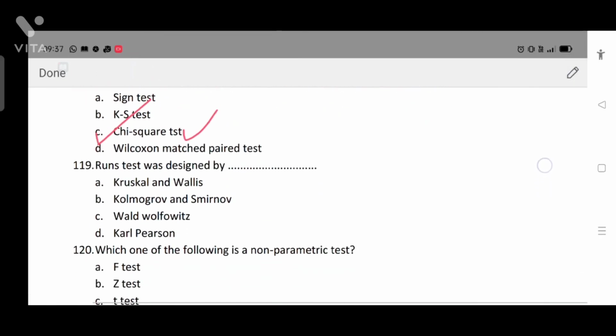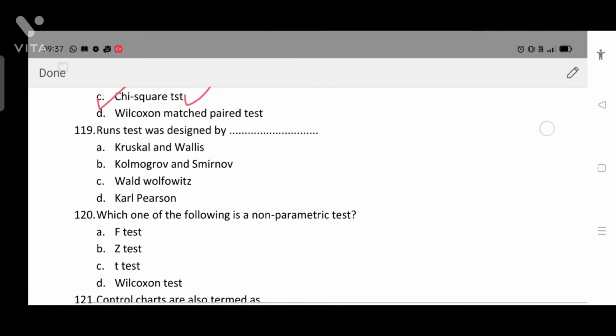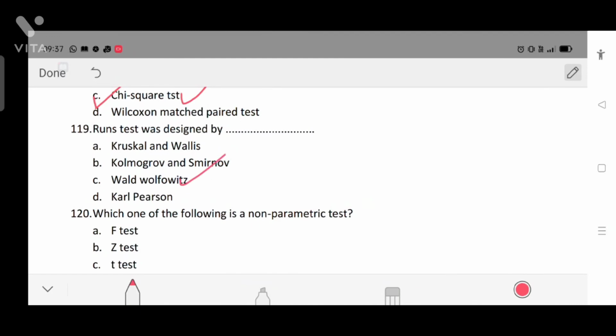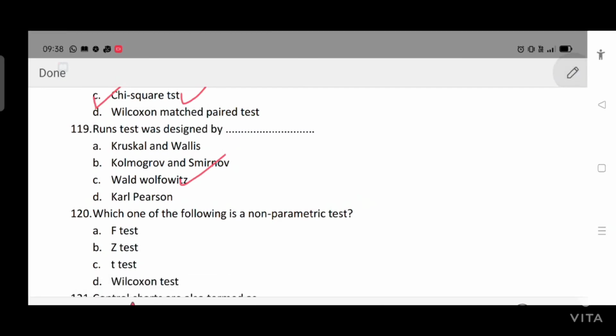Run's test was designed by A, B, C, D. Wolfowitz. Which one of the following is non-parametric test? A, B, C, D. F test.